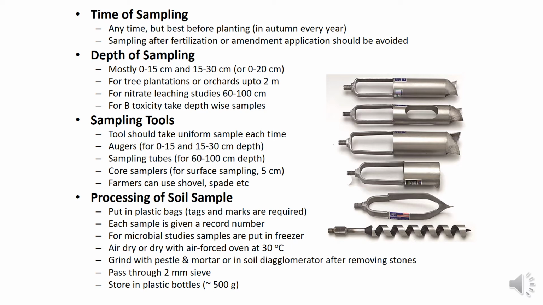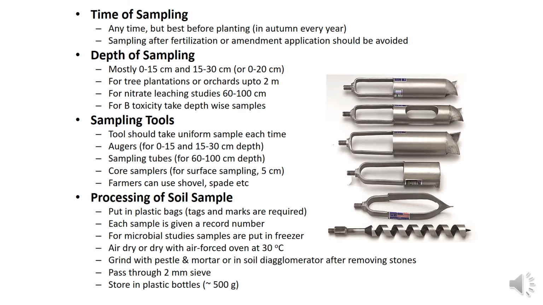After collecting the soil samples, we take them back to the lab and spread them in a tray for air drying. After air drying, we can grind the sample with a pestle and mortar, or an automatic soil deagglomerator, after removing the stones.